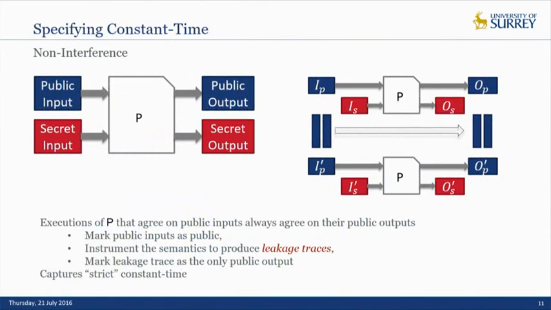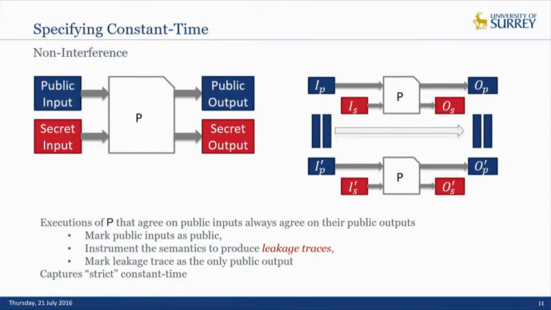So the first thing we need to do before actually verifying constant time is specify it. The way we specify strict constant time, where you don't have publicly observable outputs, is using non-interference. This is just a very standard way of expressing that there is no information flow from secret inputs to public outputs.